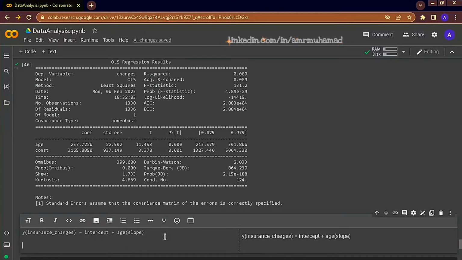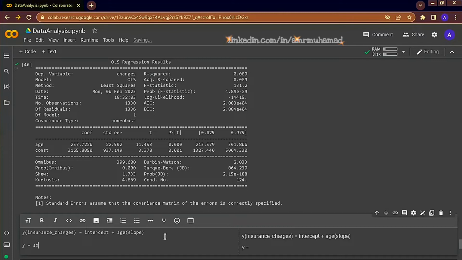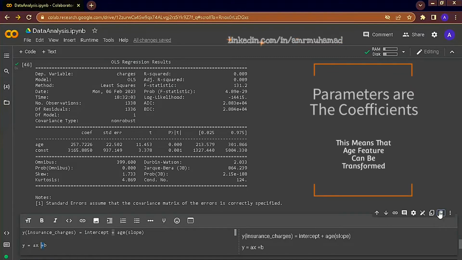If you write the equation in mathematical notation, it will be y equals ax plus b, for example. And here a is the coefficient or the estimate of the linear model, x is the age, and b is the intercept.